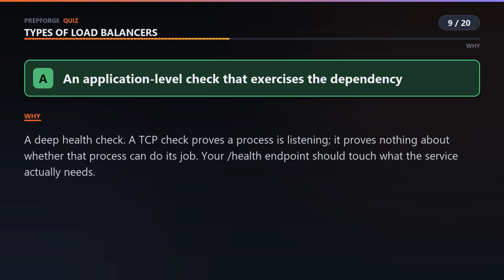A TCP check proves only that something is listening on a port. A completely broken process can pass it forever, while the load balancer cheerfully sends it traffic. Your health endpoint needs to touch what the service genuinely needs to work. Otherwise, you've built a check that reports on the wrong thing very reliably.